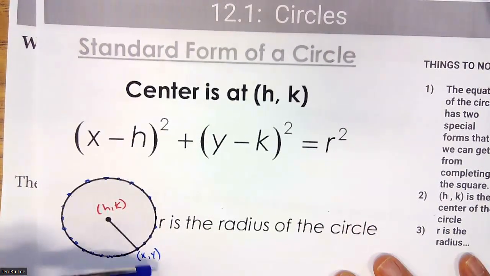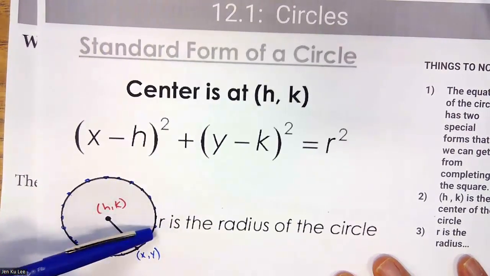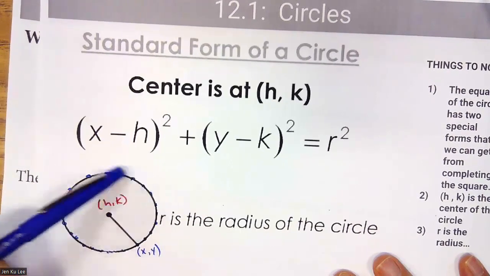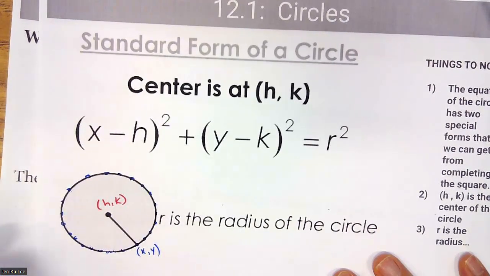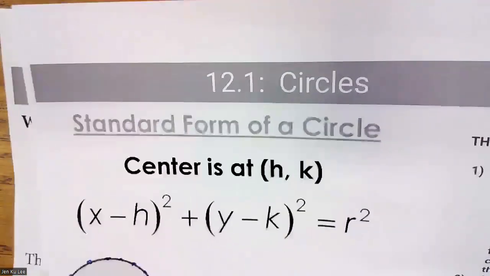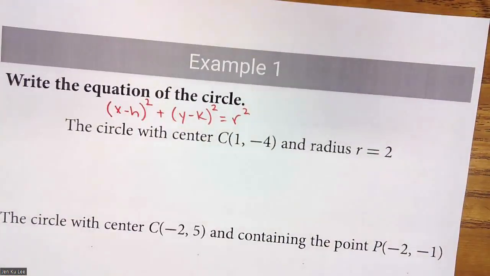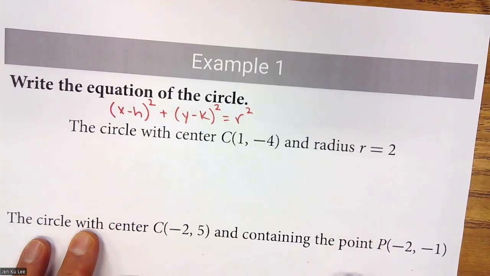X comma y, x1 comma y1, x2 comma y2. There are multiple points along the circle. So that's why I am not too concerned about x and y in the equation of a circle.